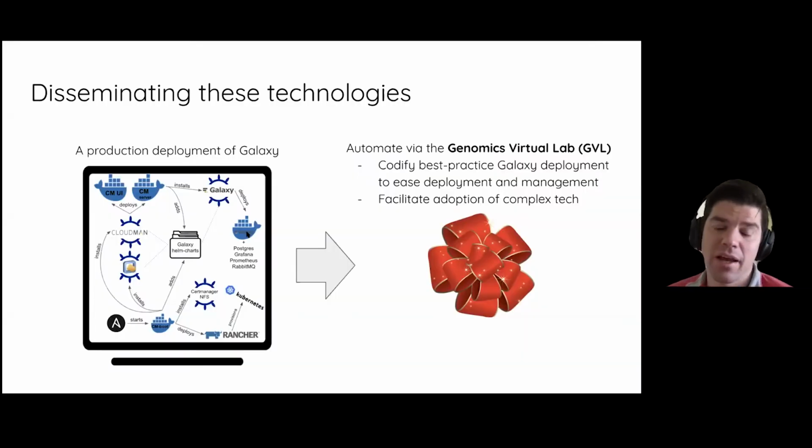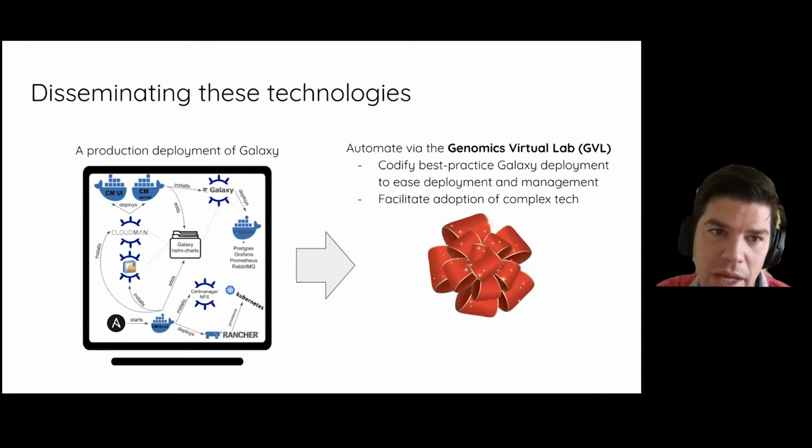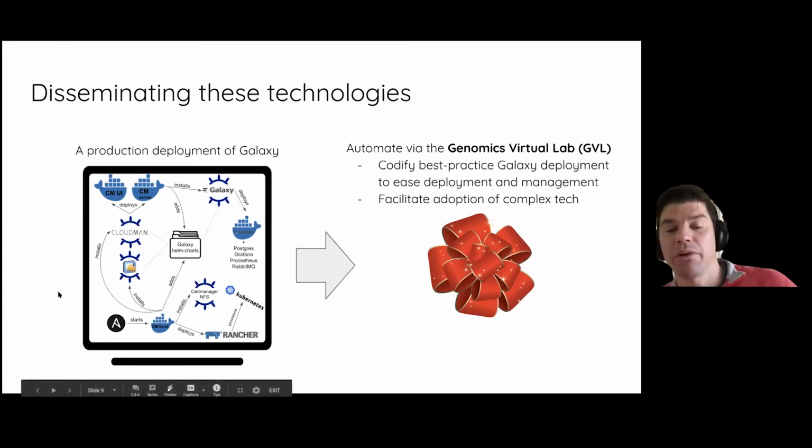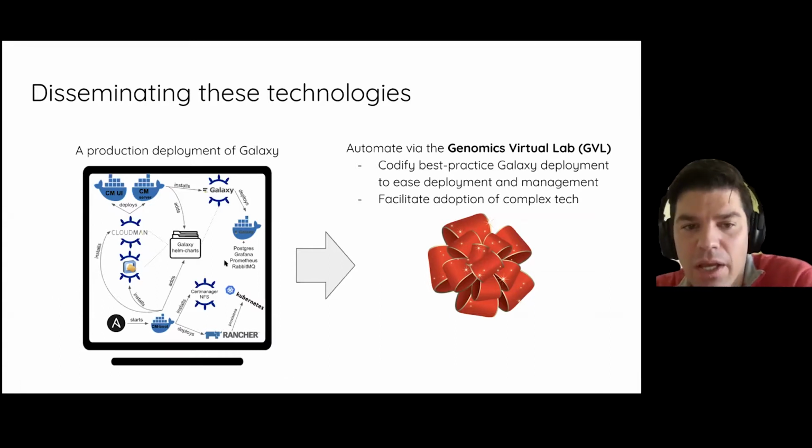And lastly, a lot of these capabilities that we plan on advancing are complex and require complex deployment. Galaxy requires a number of services and configurations to operate efficiently, which can take anywhere from days to weeks to set up and then maintain over time.